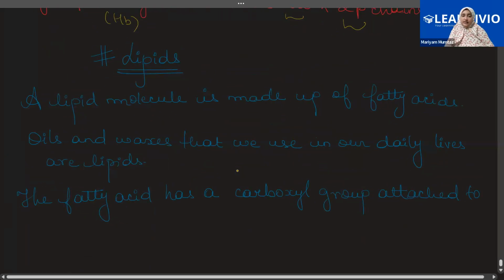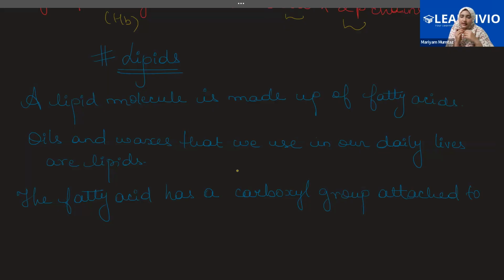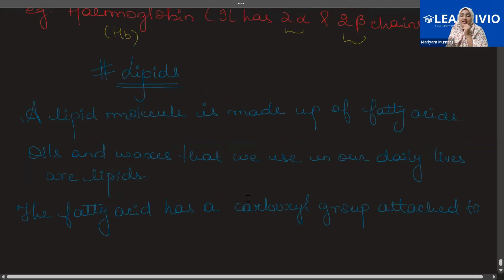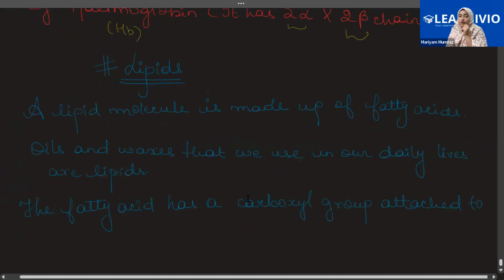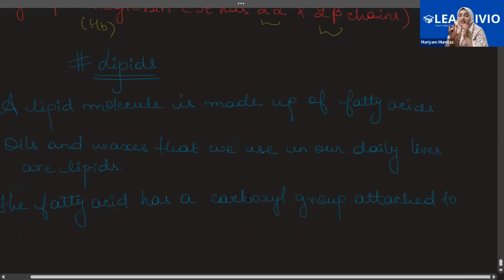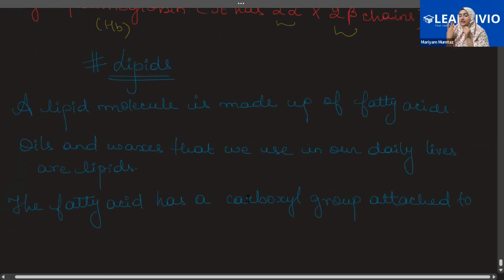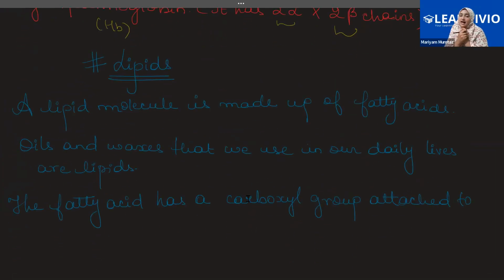Okay. The next biomolecule that we are going to discuss is the lipid molecule. Many a time we interchange the word lipid with fat. A lipid is made up of fatty acid and glycerol alcohol. The oils, the coconut oil, the mustard oil, all the oils that we use, are lipid in nature.